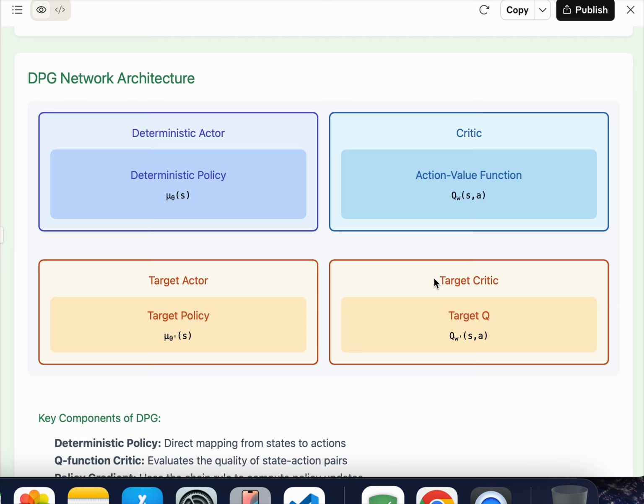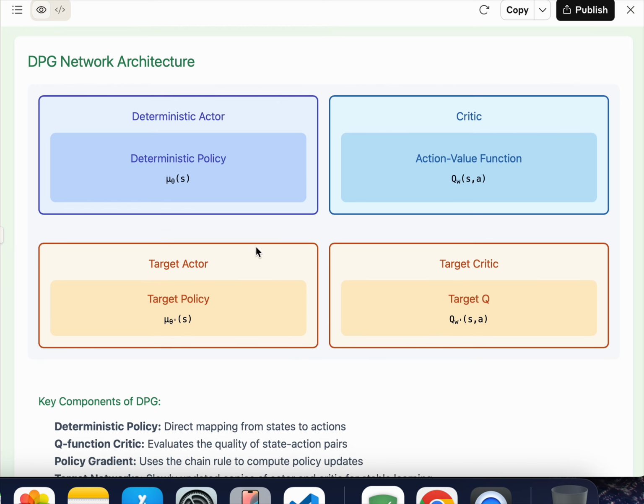But that's not the full story. DPG also uses target networks. These are just delayed, slowly updated versions of the actor and critic. So we have a target actor, which is mu theta prime of S, and a target critic, Q W prime of S and A.